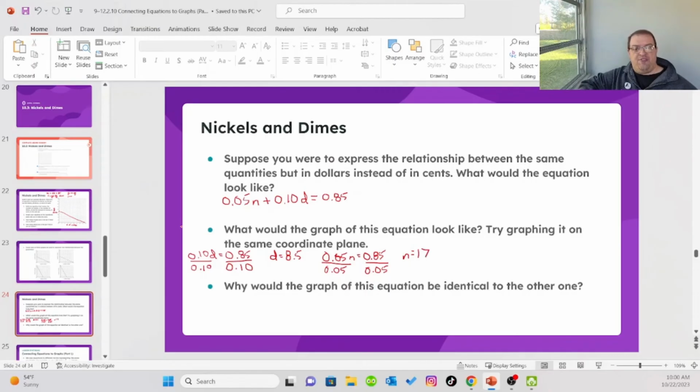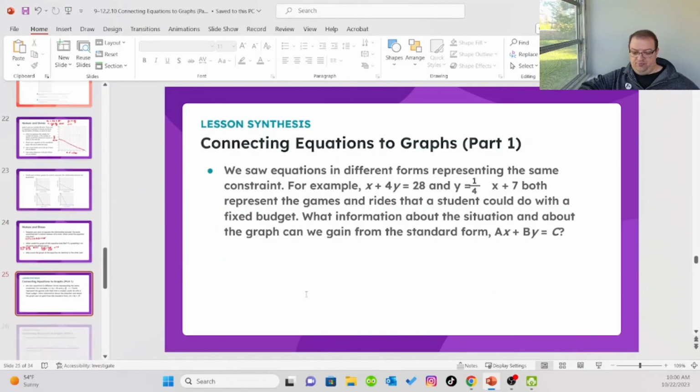So when I graph these, I would graph it the exact same way because I now represented both sides of the equation in cents or in dollars instead of cents. So I did the exact same change to the left that I did to the right, so therefore nothing changes. And that is why the graph would be identical.